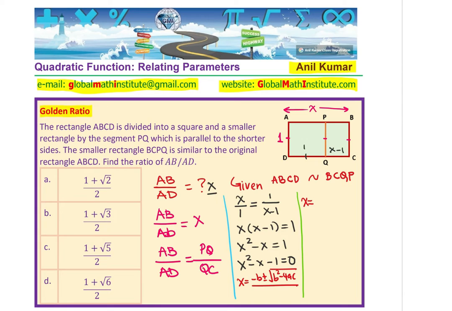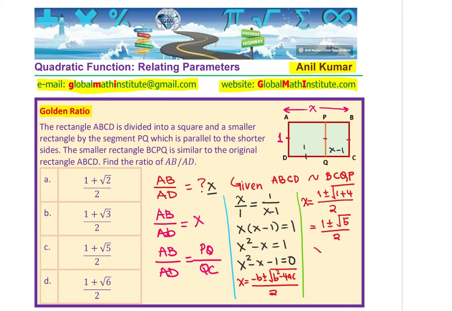That is the formula for a general quadratic equation. In this case, B is minus 1, so it becomes 1 plus minus square root of B squared, which is 1, minus 4AC, 4 times minus 1, which gives me plus 1, over 2 times A, which is 2. So that gives you 1 plus minus square root of 5 over 2.